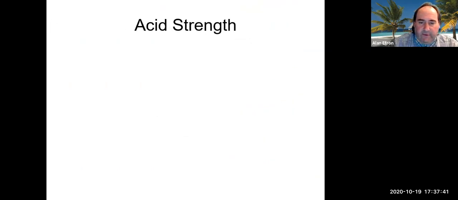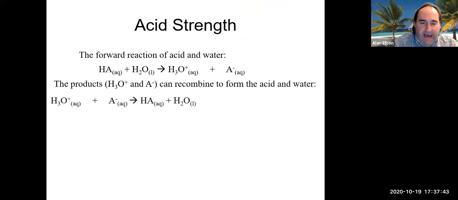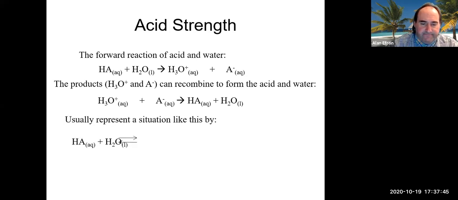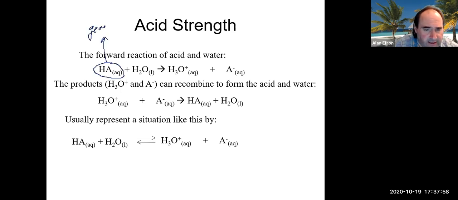Okay, so I think where we left off was here, a little bit about acid strength. So when we do have an acid, and by the way, this is just a generic formula I think we talked about last time, this is just a generic acid.